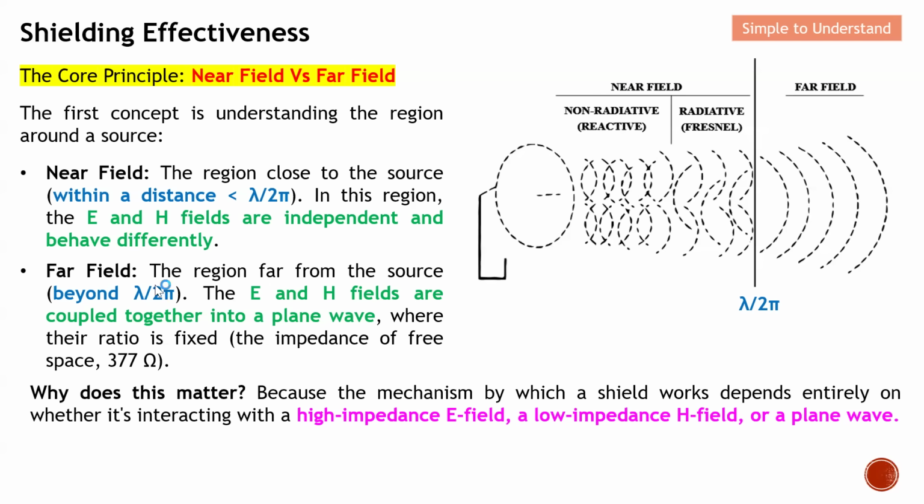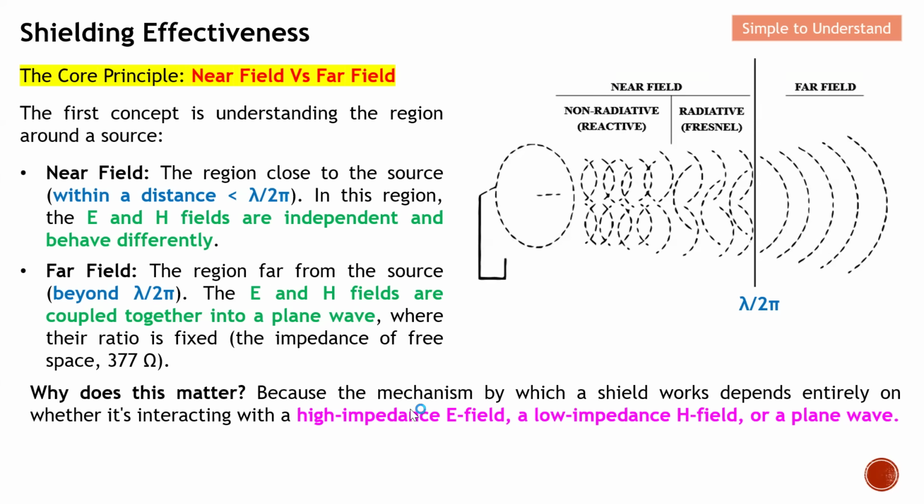As for far field, like I mentioned earlier, this is something beyond lambda over 2 pi, as you can see from this diagram here. In this far field, the E and H fields will be joined together as a plane wave, while the impedance is fixed at 377 ohm. Why is this important?